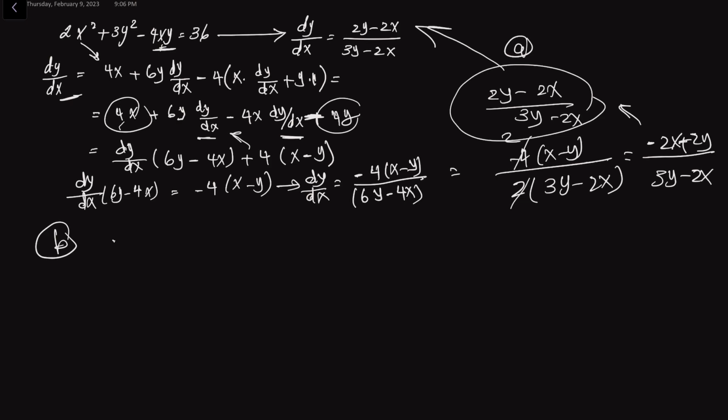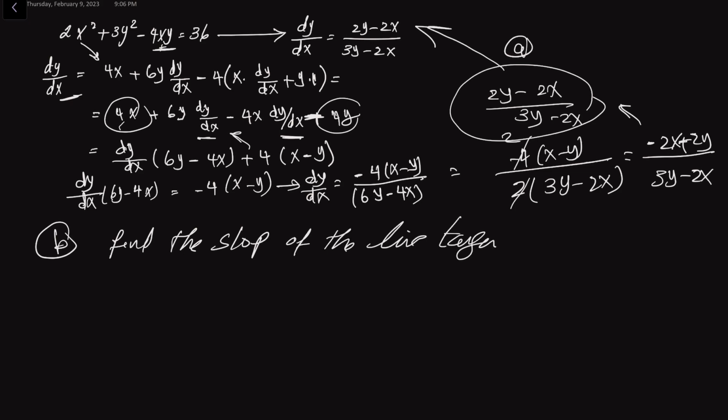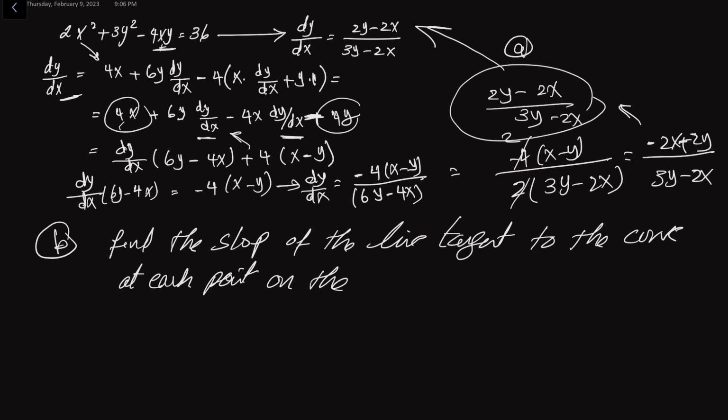What's B? It says find the slope of the line tangent to the curve at each point on the curve when x equals 6.